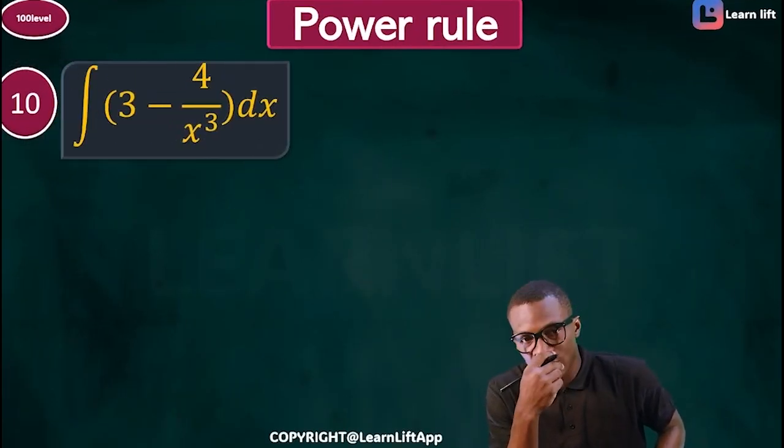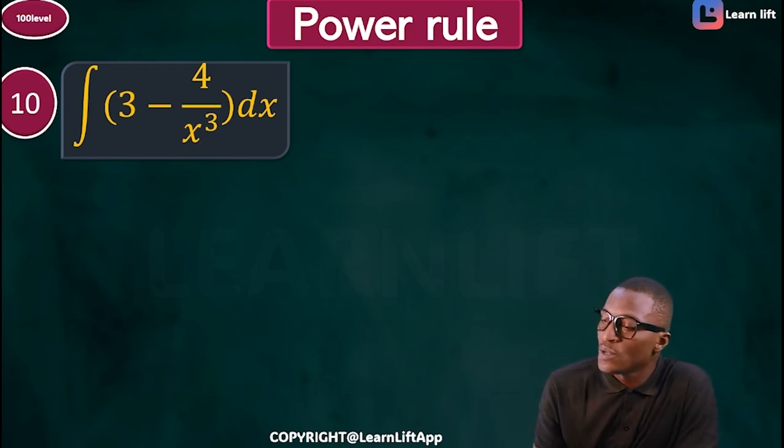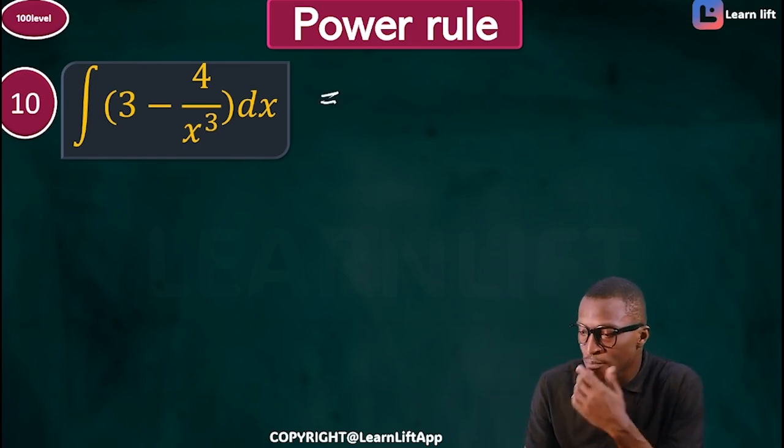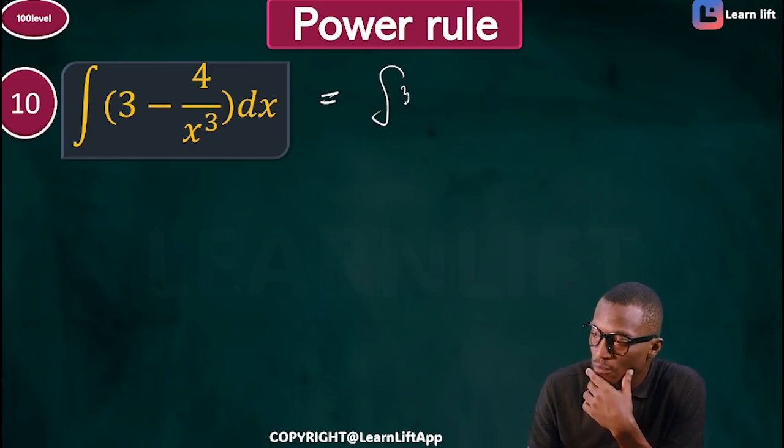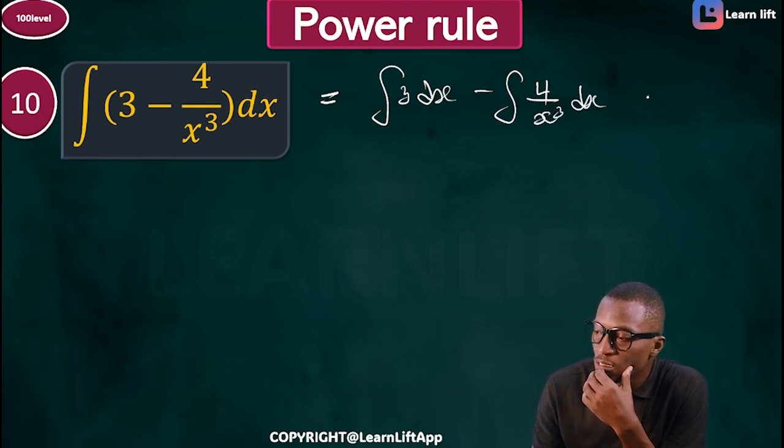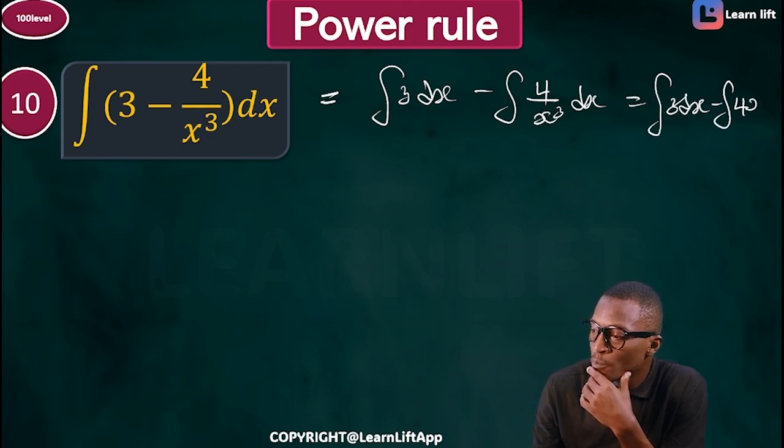Let's see question 10. This practically becomes, first of all, let's do the integral of the sum. Integral of 3 dx minus integral of 4 all over x cubed dx. This will practically become integral of 3 dx minus integral of 4x raised to power minus 3 dx.